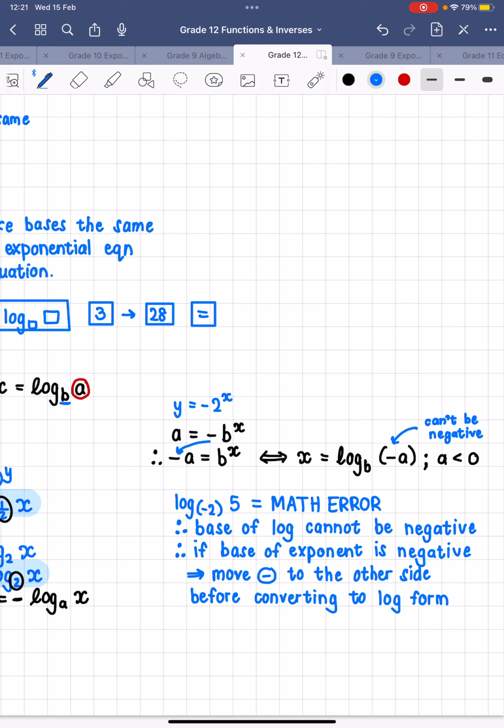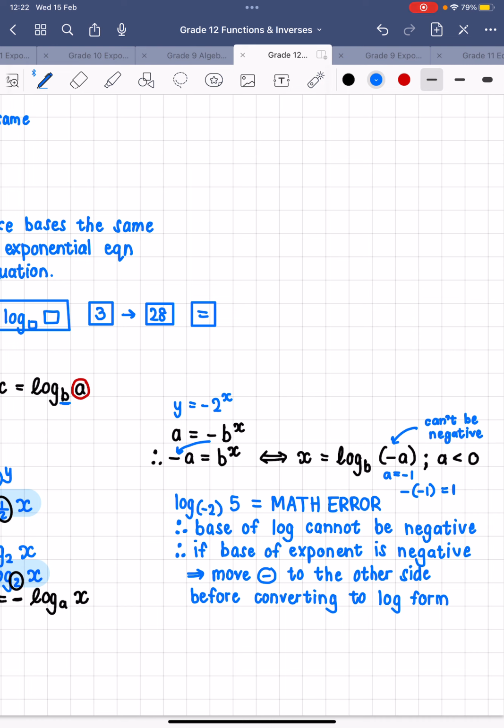But now, if you have log with a negative a, and I'm telling you that a is negative 1, what will you then have in the brackets? Then you're going to have negative a, which is negative negative 1. So you're going to have positive 1 in your brackets. That will actually give you an answer of, I think it's going to be 0. If we do log base 2 of just 1, yes, your answer is 0.